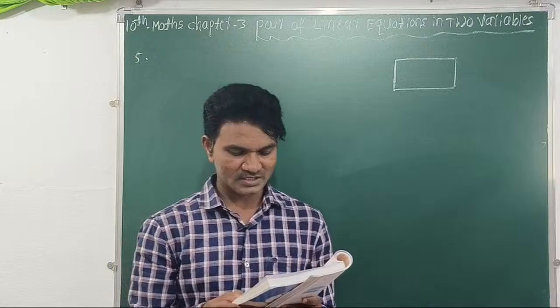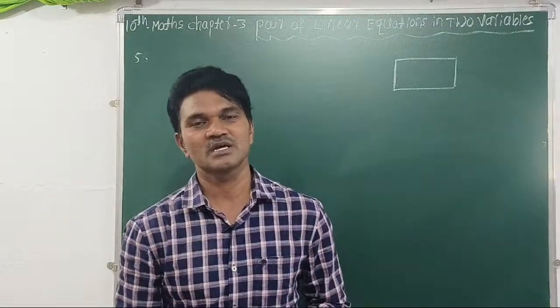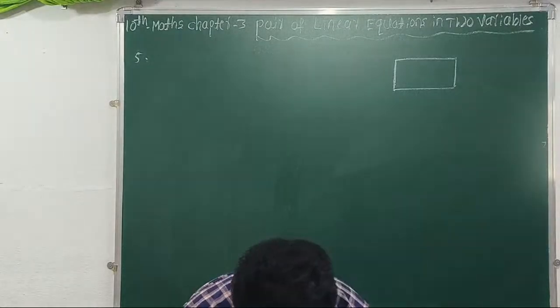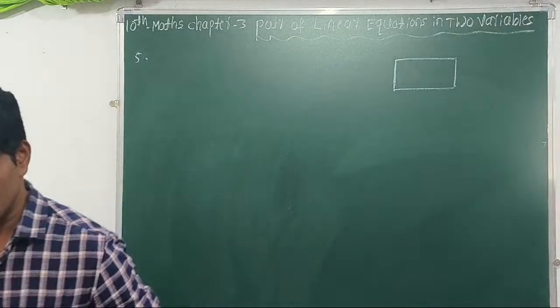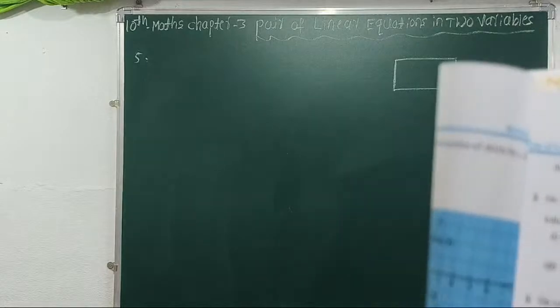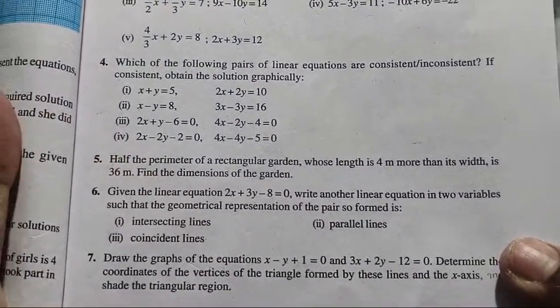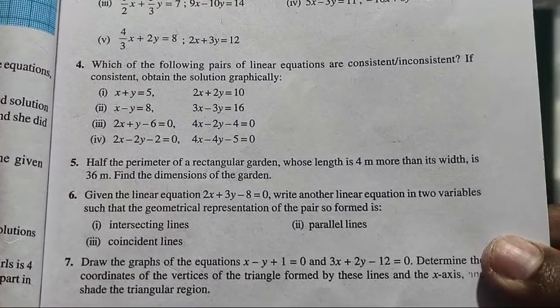Find the dimensions of the garden. The garden shape is rectangular. Dimensions means length and width. So take the screenshot of this problem. After that we can write it.